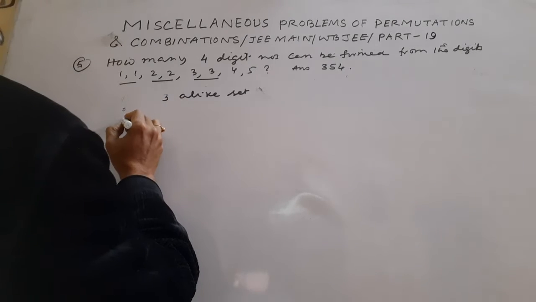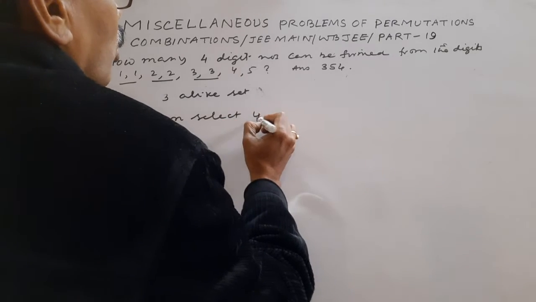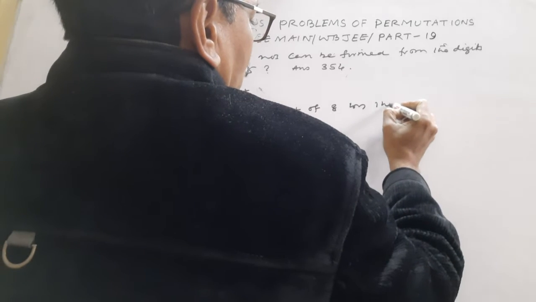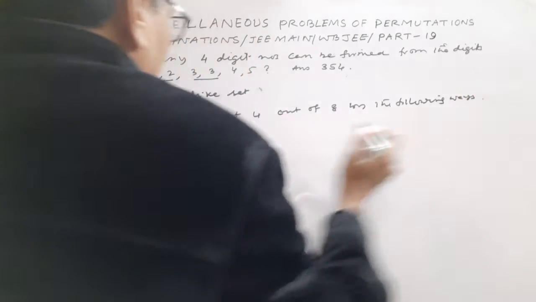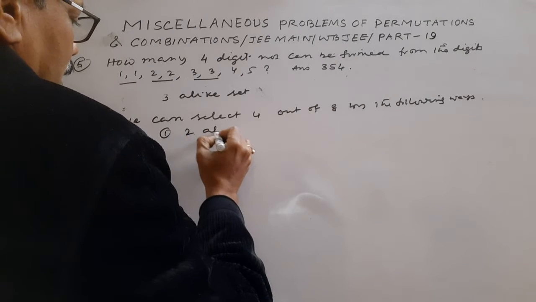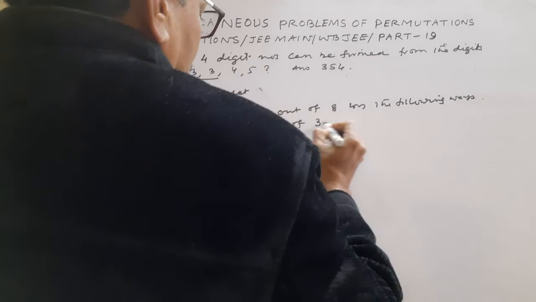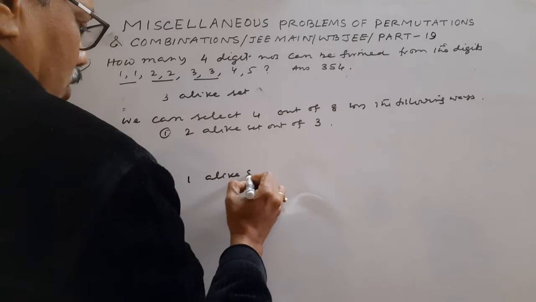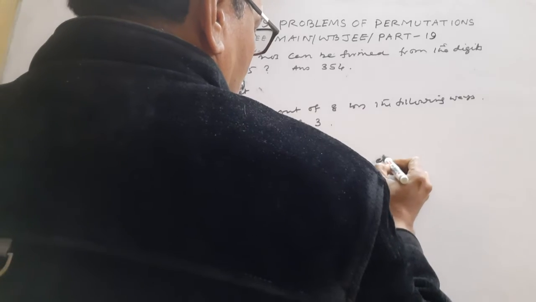So we can select 4 out of 8 by the following ways. Number 1: 2 alike sets out of 3. Number 2: 1 alike set out of 3 and 2 different.